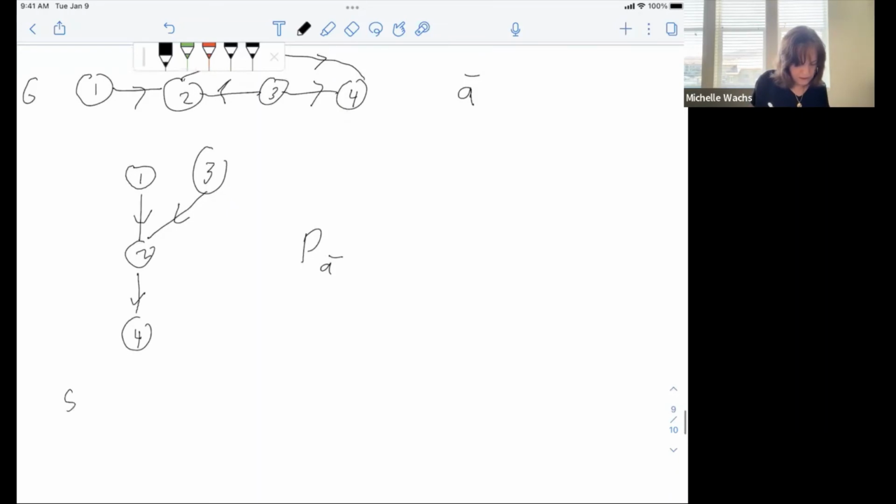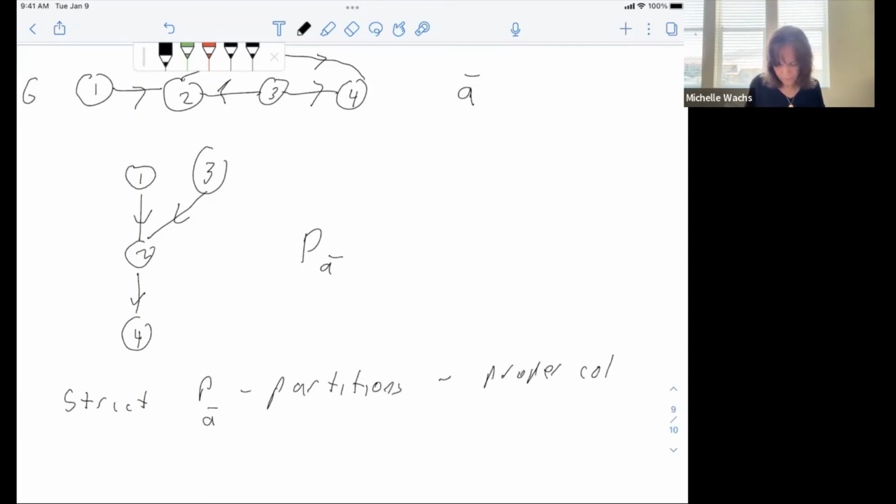Now we're going to consider strict P-partitions of this poset. This is the same as proper colorings compatible with the acyclic orientation, what I just described a minute ago.